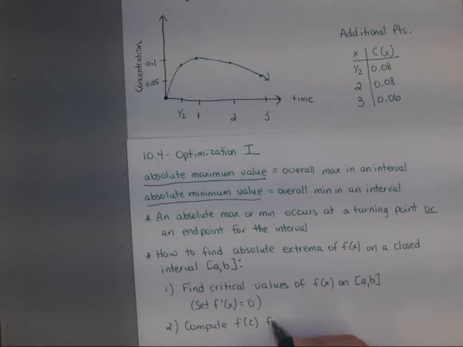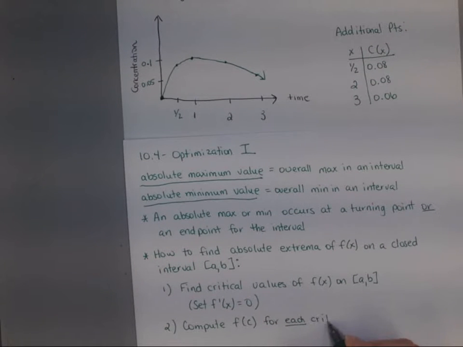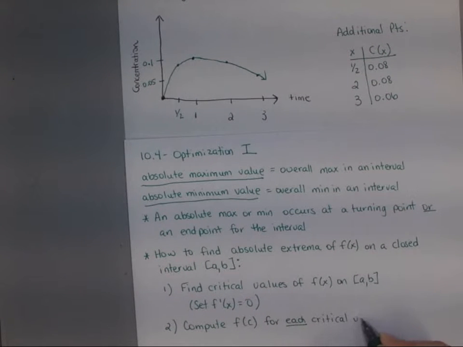Notice that's not f prime, that's f, the original function, for each critical value c on the interval from A to B from step 1.